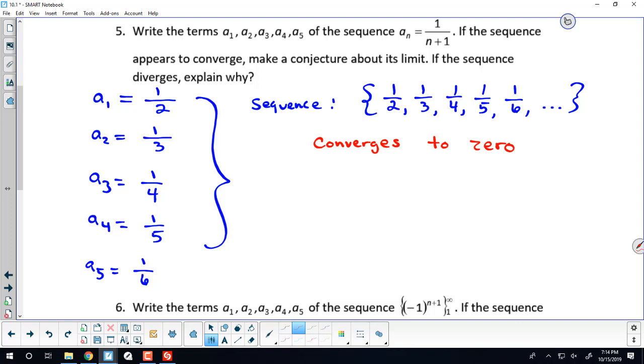Yeah. How do we know for sure? 1 over an infinitely large number, 0. Right, exactly. That's all we have to look at. What is the limit as n approaches infinity on our sequence, 1 over n plus 1?